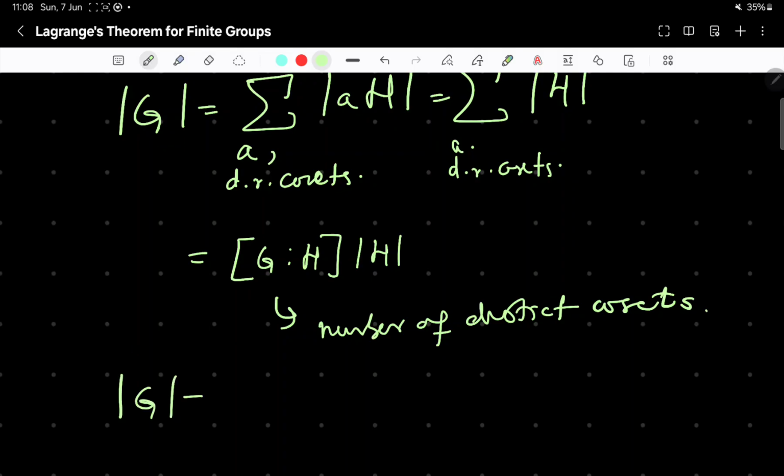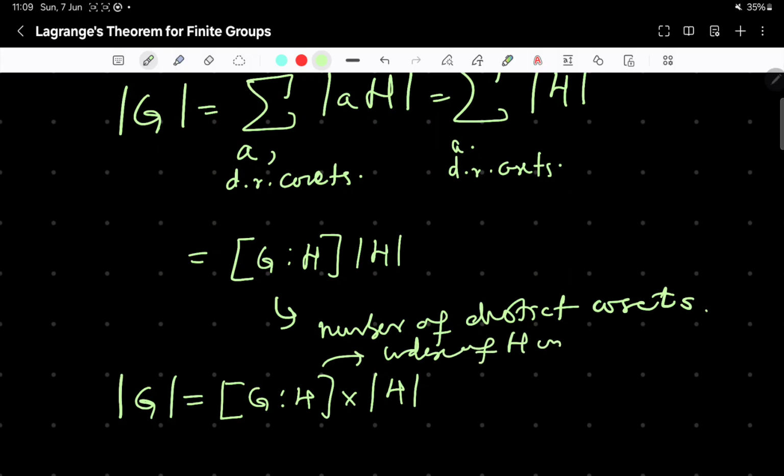So the cardinality of G is equal to the cardinality of G over H multiplied by the cardinality of H, and this is a number. We also call this the index of H in G. So the meaning is the number of distinct cosets, the number of distinct equivalence classes.